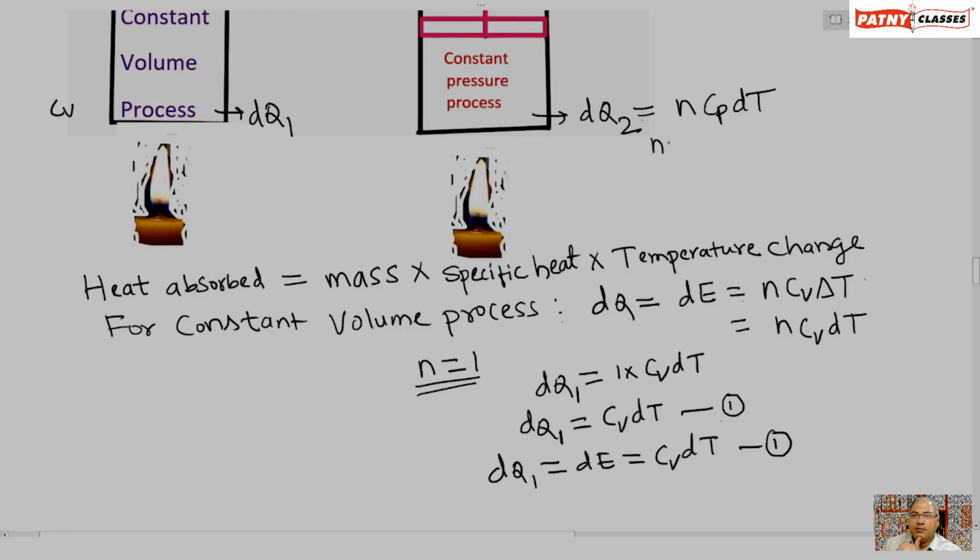But the number of moles equals 1, therefore dQ2 equals Cp dT. Call it equation number 2. One more important thing: in the constant pressure process, dQ2 is also equal to the change in internal energy plus work done. Call it equation number 3.